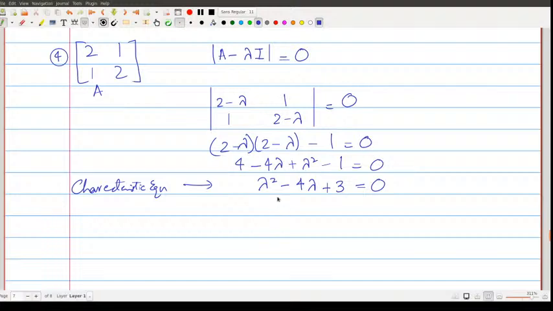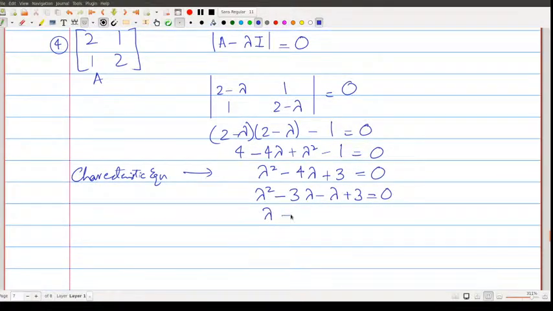First thing to notice is that this is a quadratic equation, and you can factorize it, or apply the quadratic formula, whatever technique you think. It probably can be factorized, so let's try it out. If we do lambda squared minus 3 lambda minus lambda plus 3, that would be a right way to break this down.